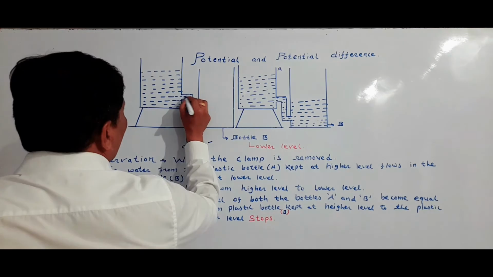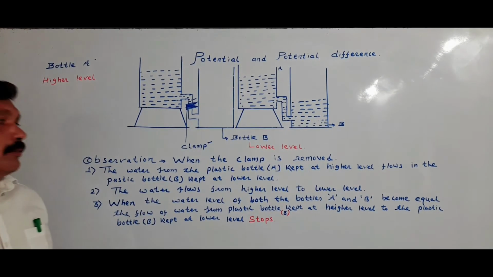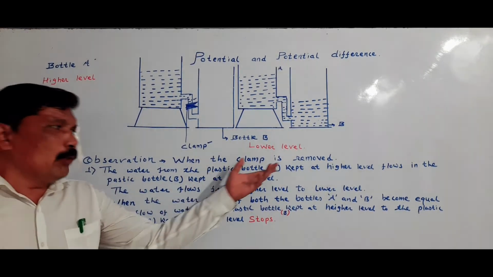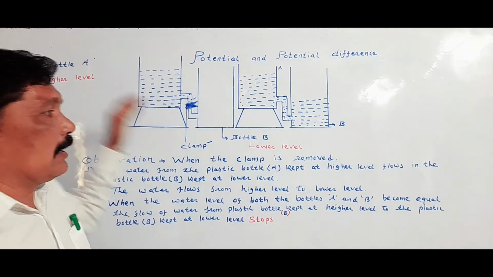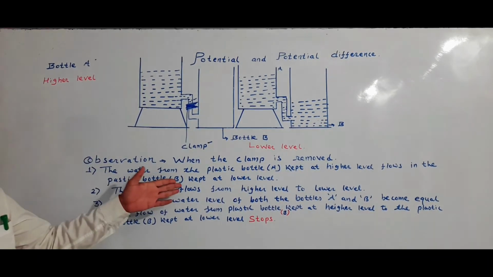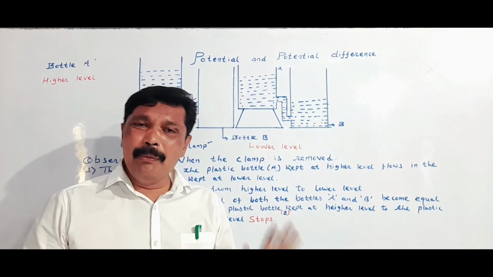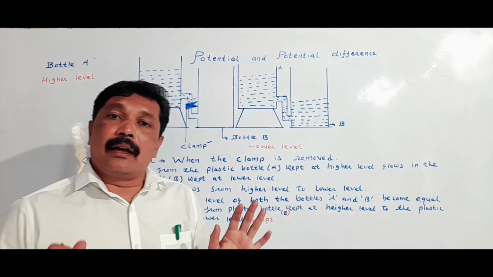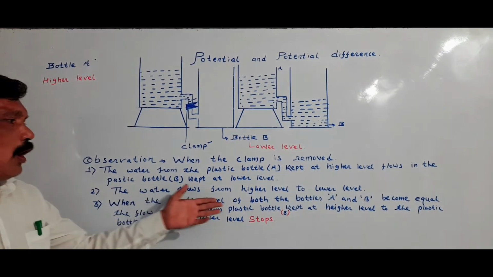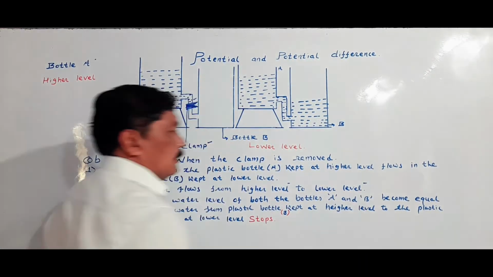My dear student, when we remove this clamp, we see that the water flows from plastic bottle A kept at higher level into the plastic bottle B which is kept at lower level. From this, we can understand that the water flows from higher level to lower level.